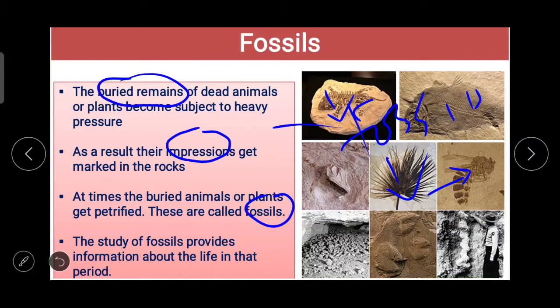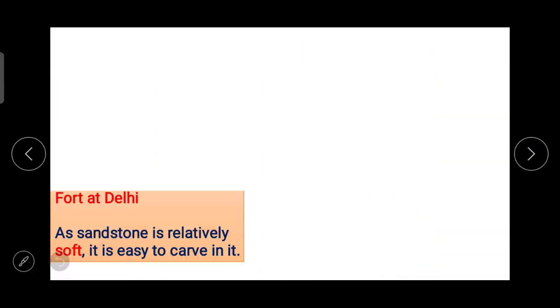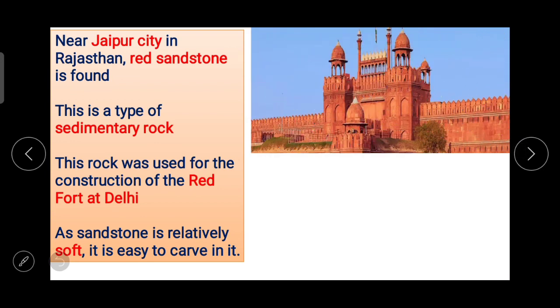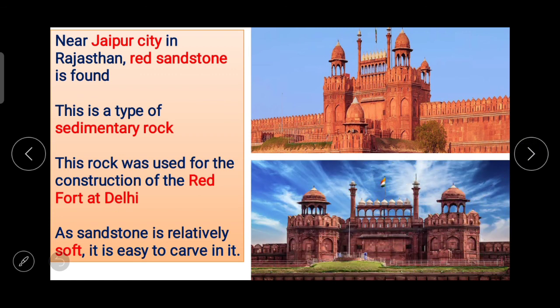Now, next to the primary rocks and sedimentary rocks, the next type is metamorphic rocks. But before that, on the screen, you can see the Red Fort near Jaipur city in Rajasthan. Red sandstone is found, and this is a type of sedimentary rock.